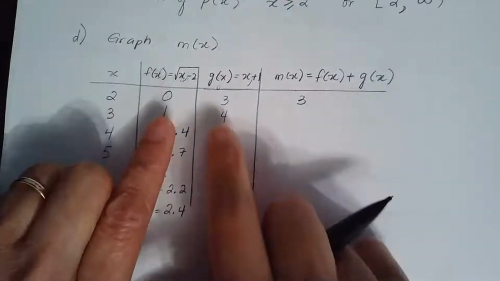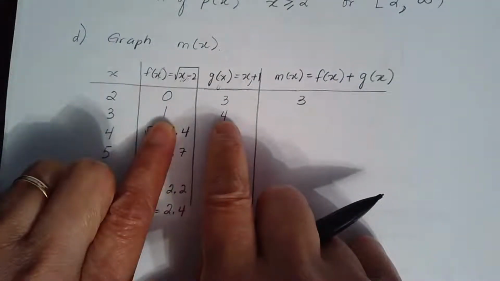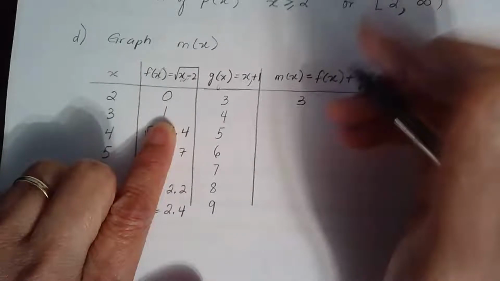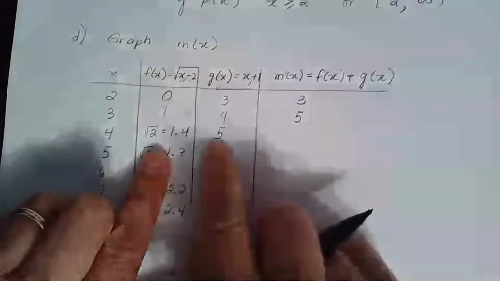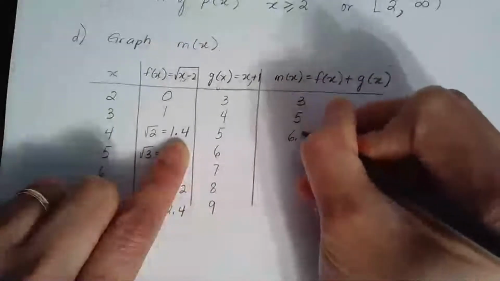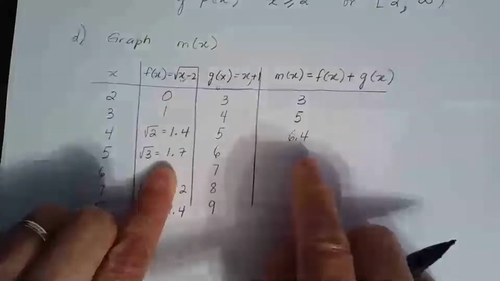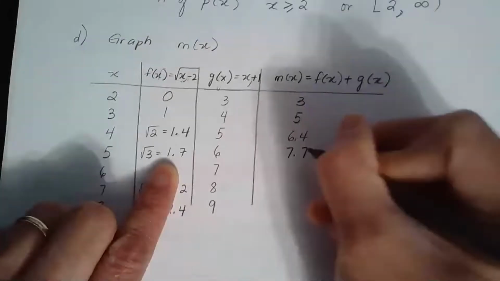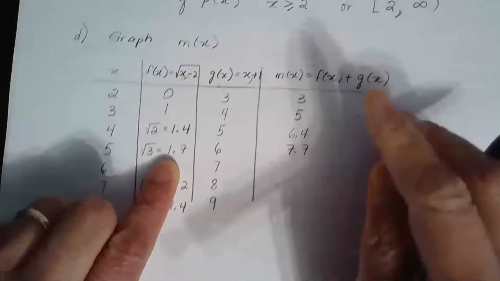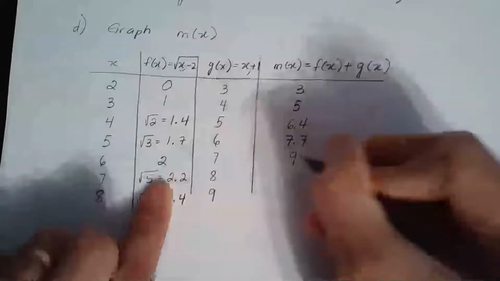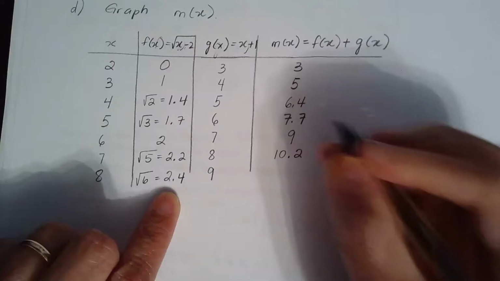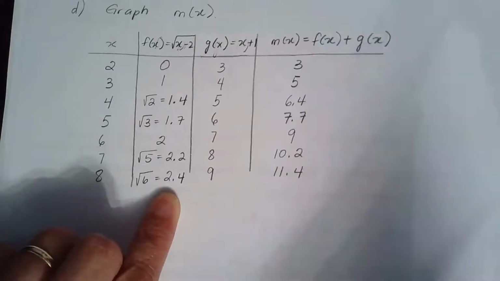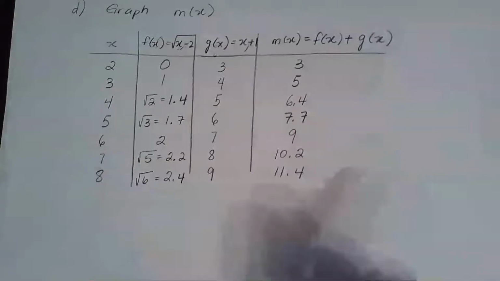Add these two together, f of x plus g of x is 5. 1.4 plus 5, so that's going to be 6.4. This one would be 1.7 plus 6, which is 7.7. And then this is going to be 9. And then this is going to be 10. Last one would be 11.4. Okay. I think that should be enough for us.